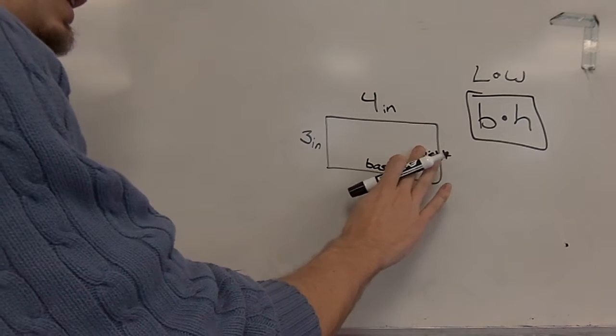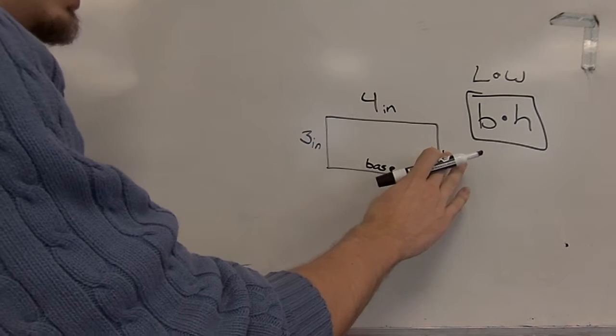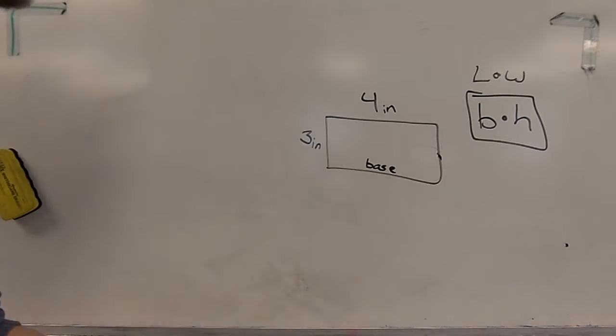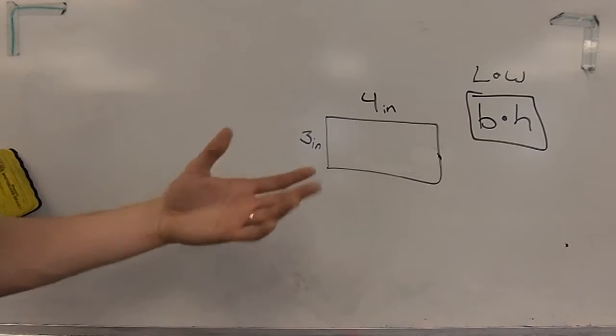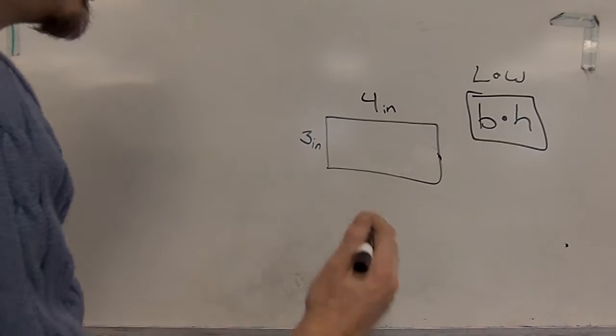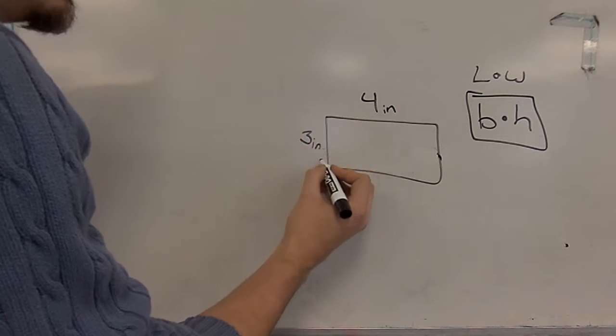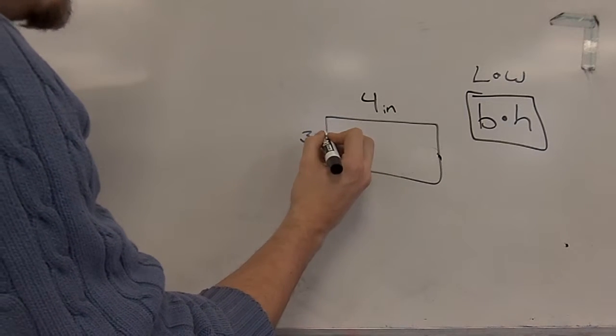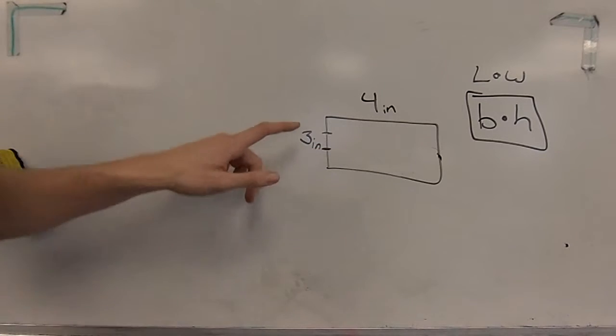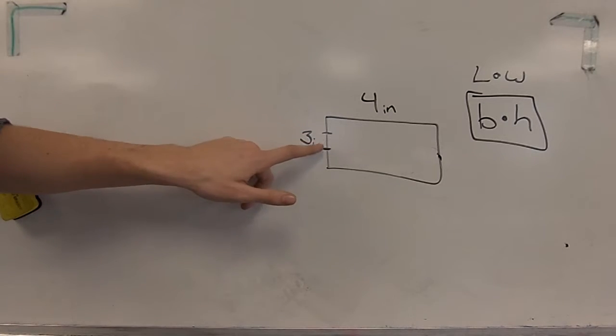So what the area formula's goal is, as I said before, is to split this shape into as many 1 by 1 squares as is possible. In this case, we're looking at 1 inch by 1 inch squares. So if the height of the rectangle is 3 inches, then that means we have 3 pieces that are 1 inch each.